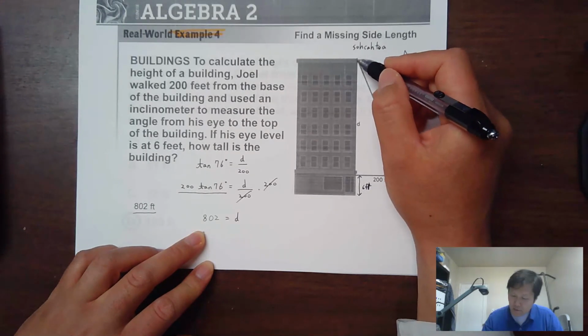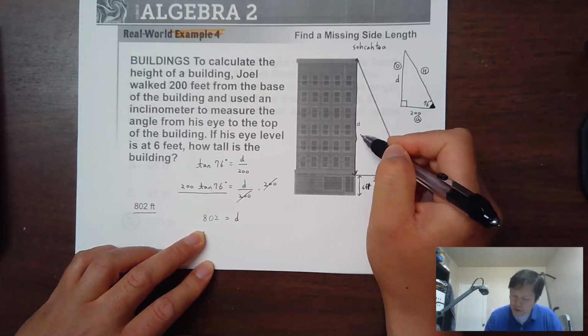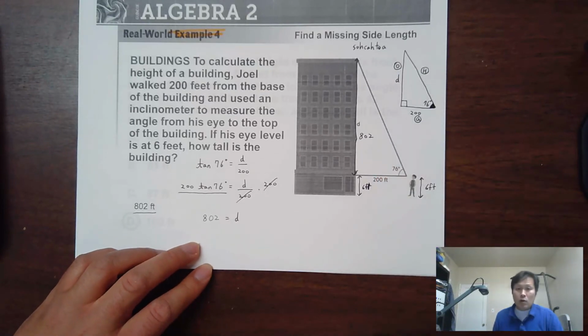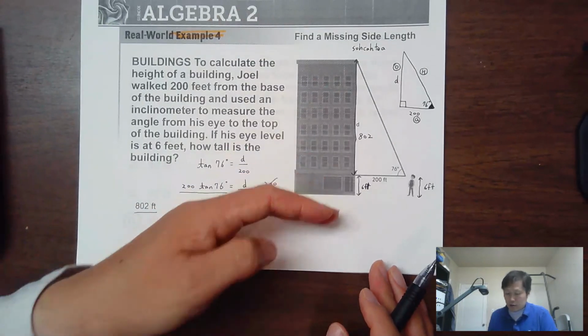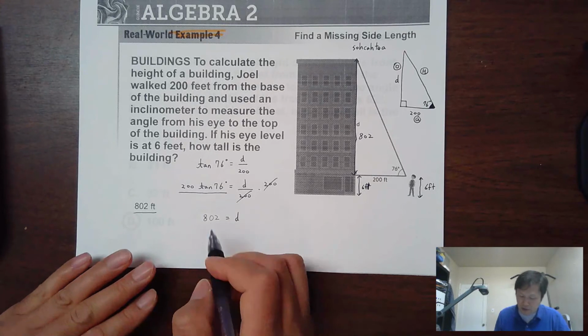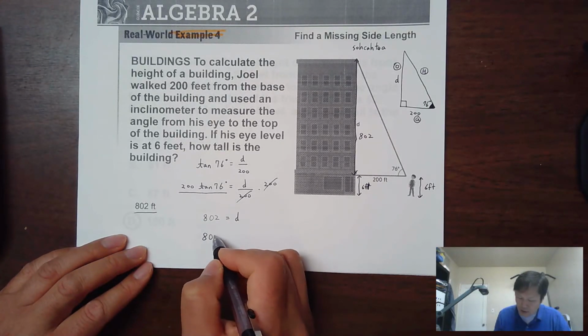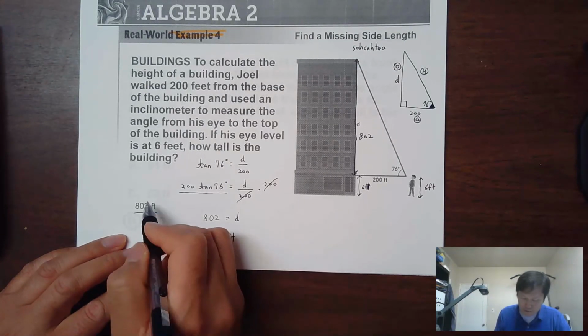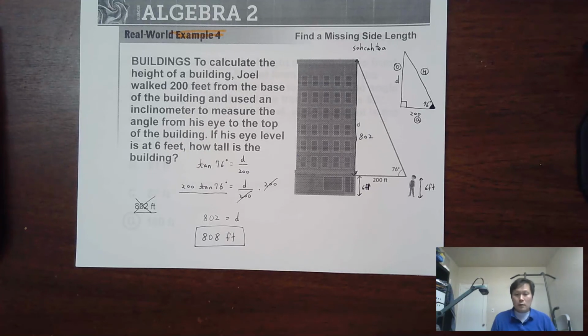This length from here to here is 802. So to get the height of the building, you have to add 802 plus 6. So the final answer should be 808 feet. That will be the answer.